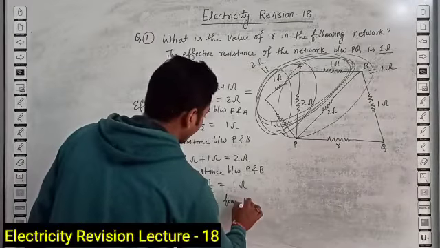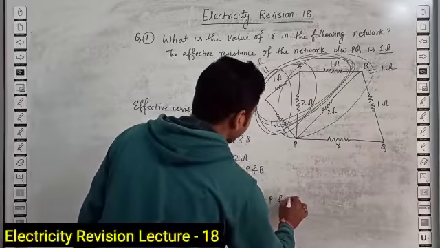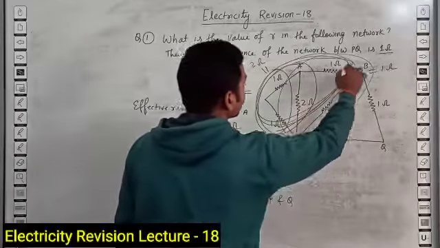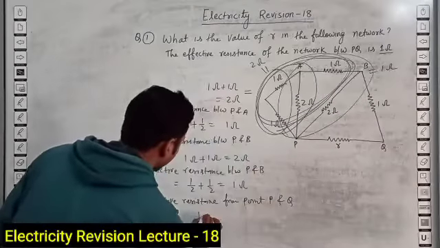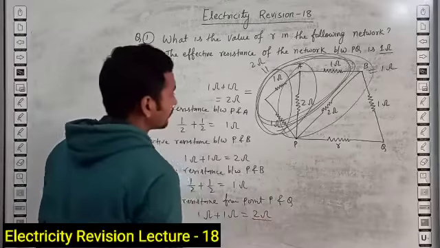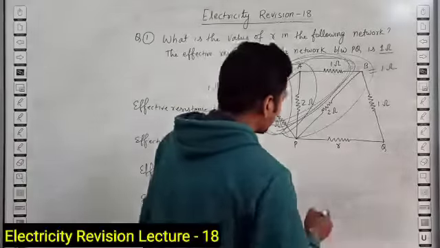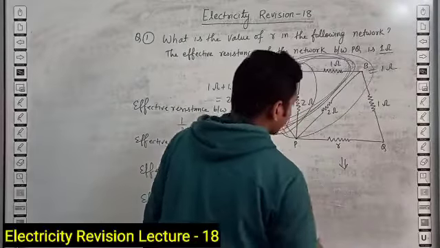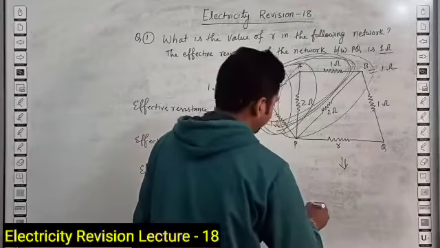So the effective resistance from point P and Q is 1 ohm plus 1 ohm, which means 2 ohm. 2 ohm and R. So now let's make the equivalent network.